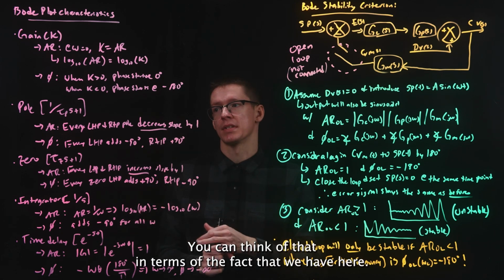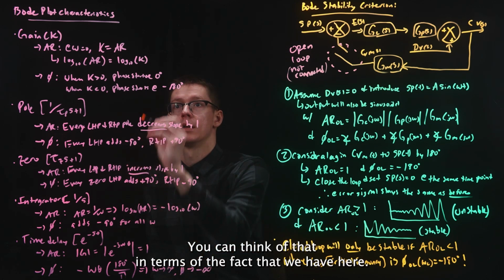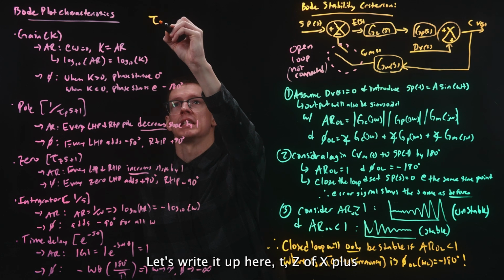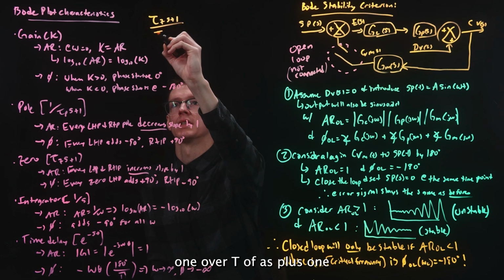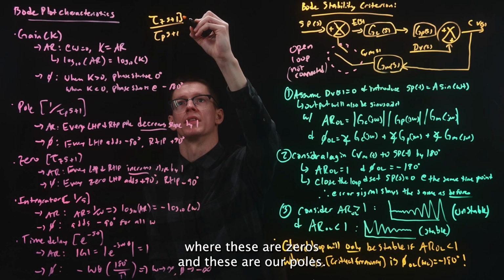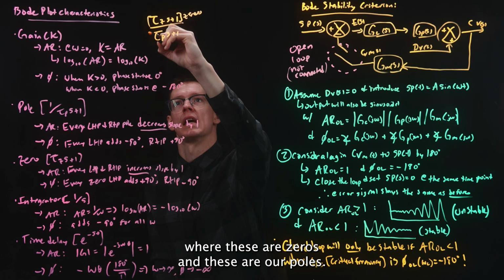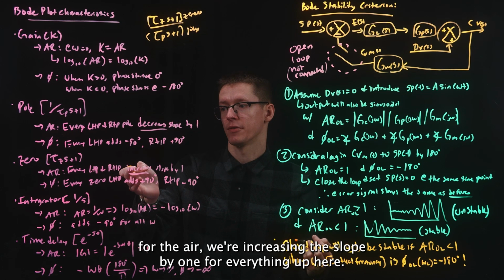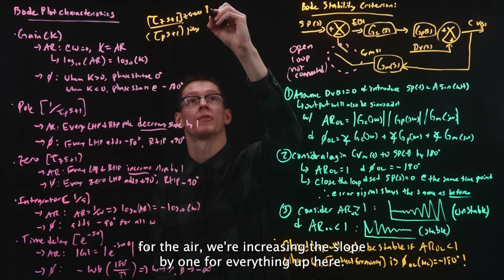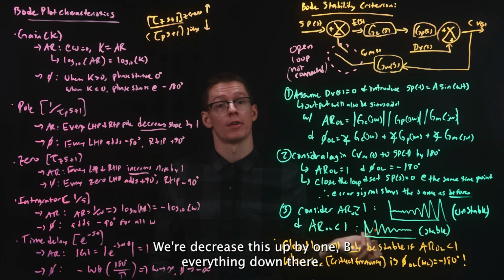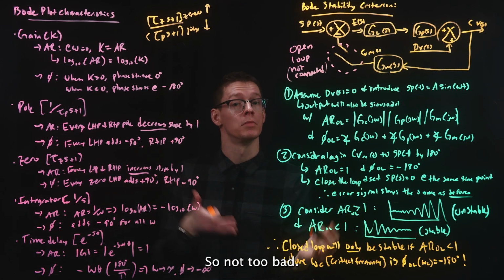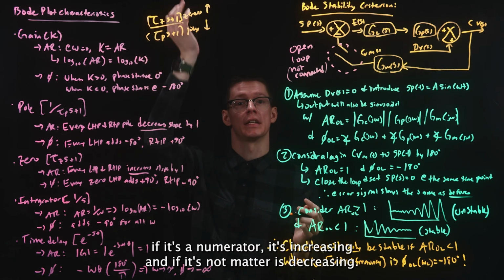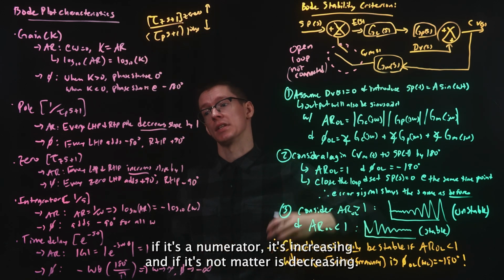You could think of that as Tz s plus 1 over Tp s plus 1, where these are our zeros, and these are our poles. For the AR, we're increasing the slope by 1 for everything up here, and decreasing the slope by 1 for everything down there.